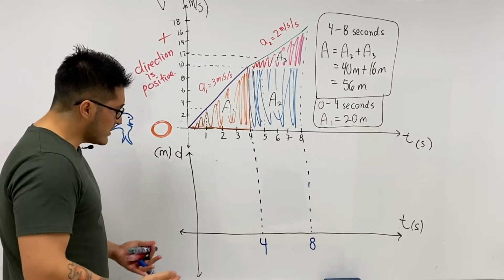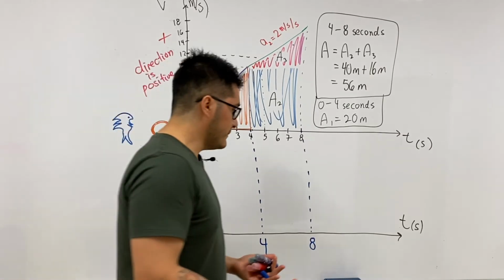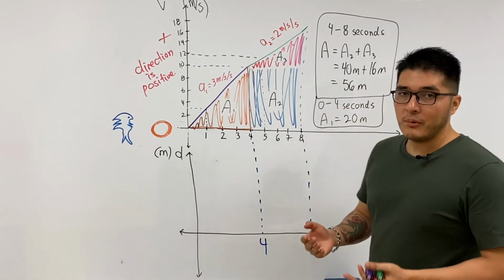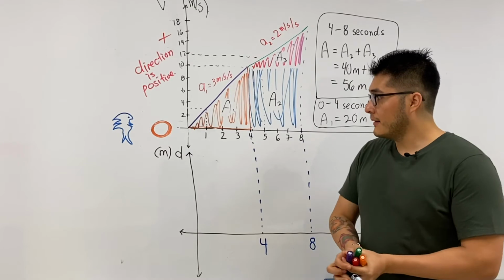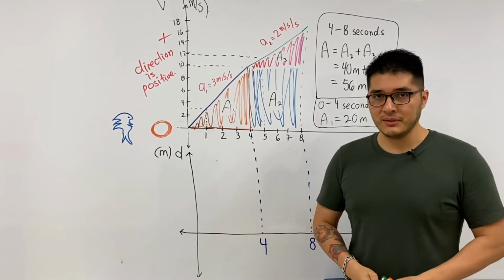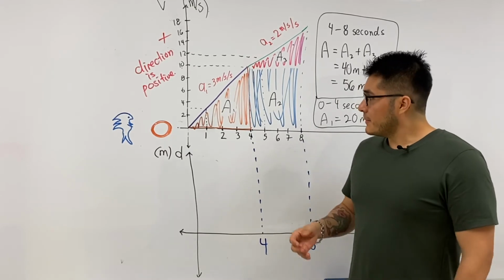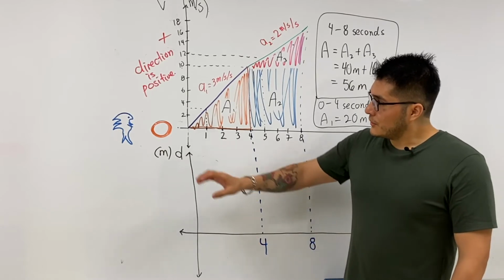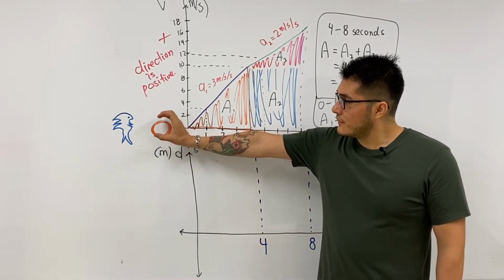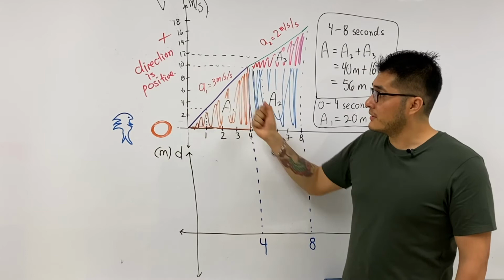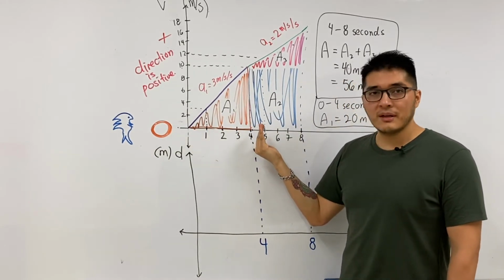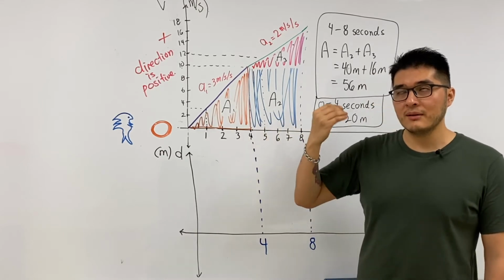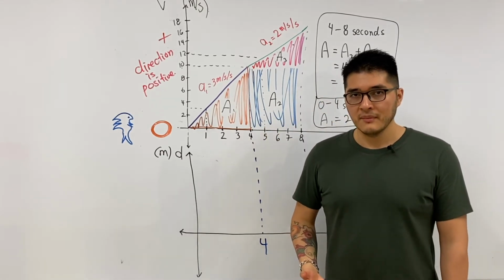Now there's a big issue with position time graphs. We don't know where Sonic begins. We don't have the initial position. This is the problem. A velocity time graph tells us the initial velocity, and it also tells you how much distance is traveled, but nowhere does it tell you where the object begins.